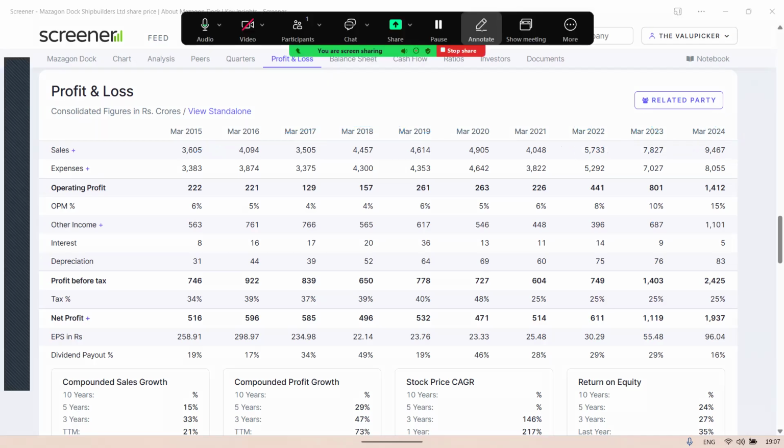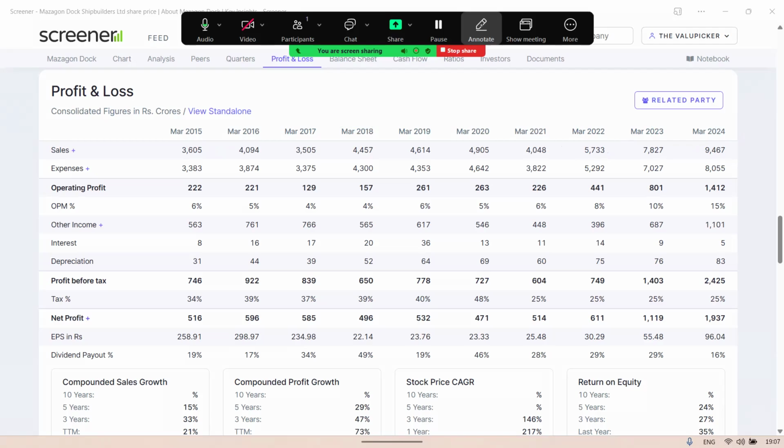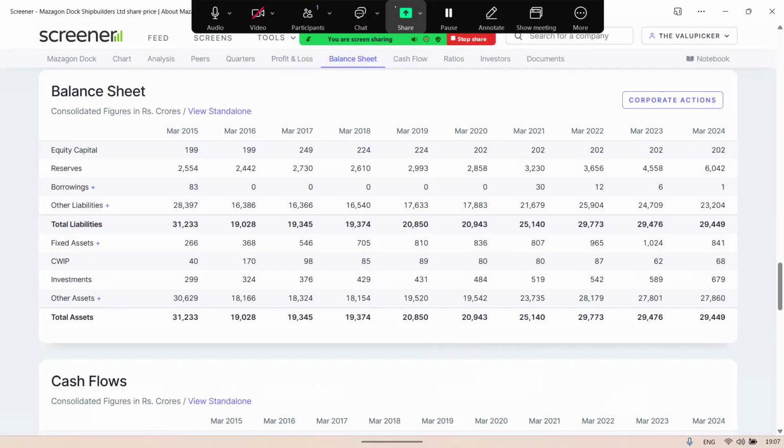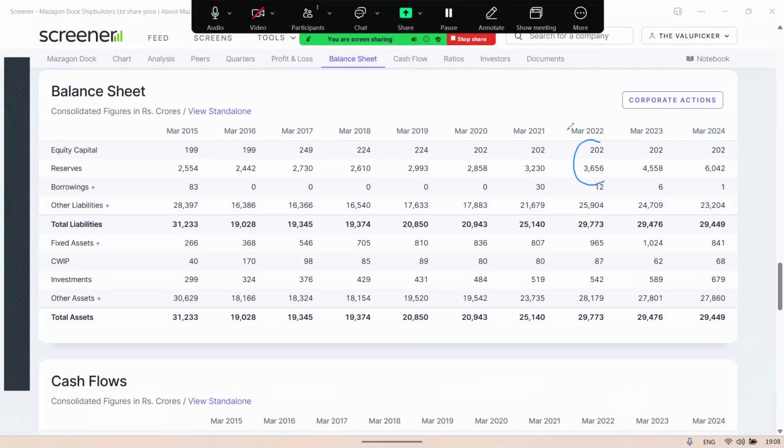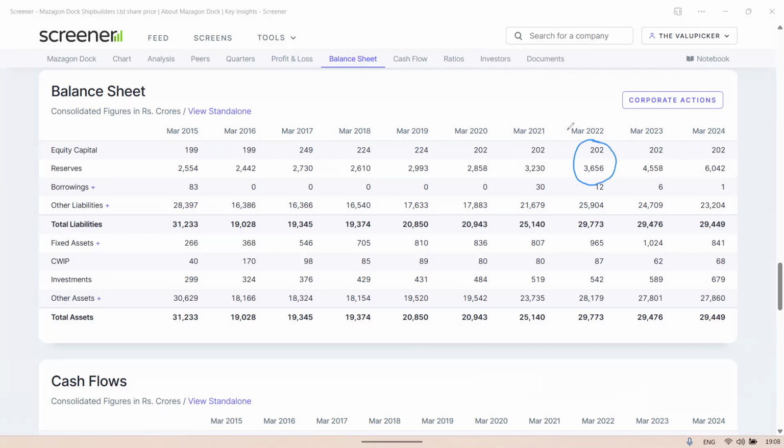Now 5,700 here. If you come to the balance sheet, in 2022 we are getting around 3,656 plus 2.